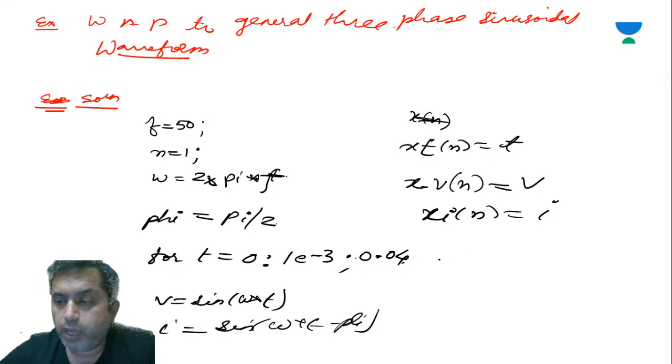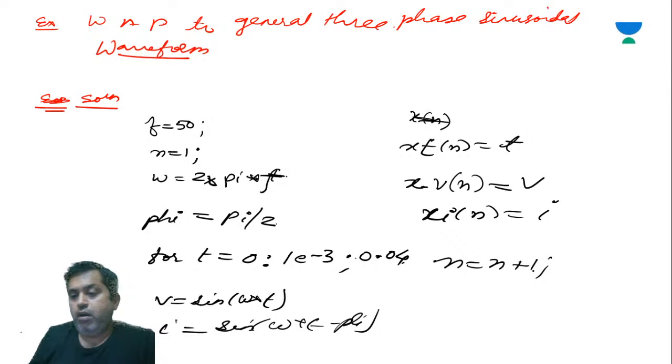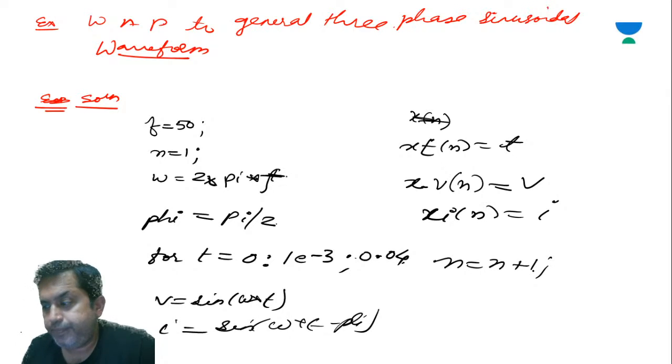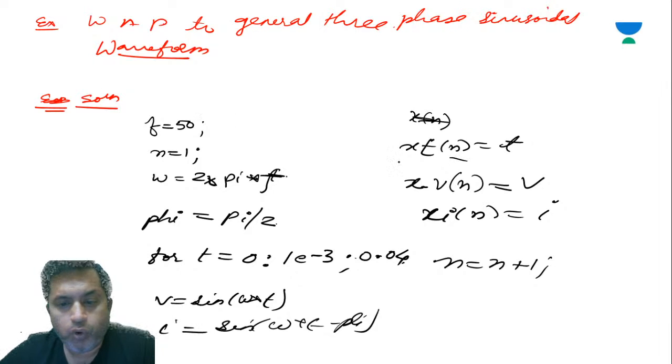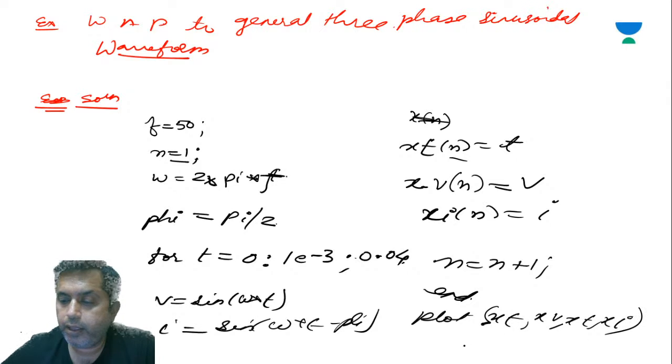Okay. So n is equal to n plus 1. So the values of n will go on increasing. Then end, then plot xt comma xv comma xt comma xi.